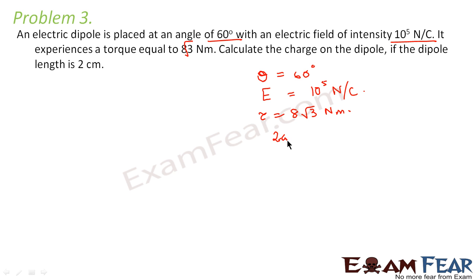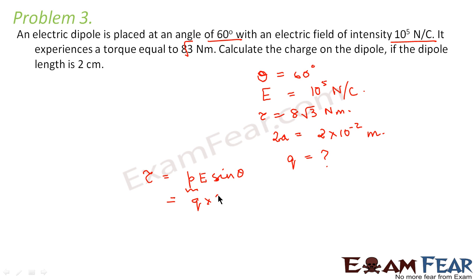Dipole length is nothing but the distance between the two charges, which we generally denote by 2a. That is equal to 2 centimeter, that is 2 into 10 to the power minus 2 meters. So we have to calculate the charge on the dipole. We know that the torque experienced by a dipole in electric field is nothing but PE sine theta. Now in this, what is the dipole moment P?